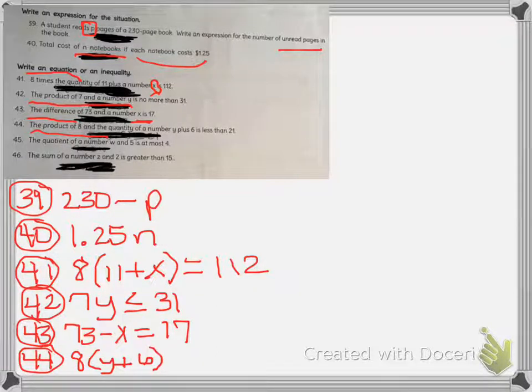You notice I'm writing exactly what it reads in the sentence. Is less than 21. So we have our less than inequality sign, 21.